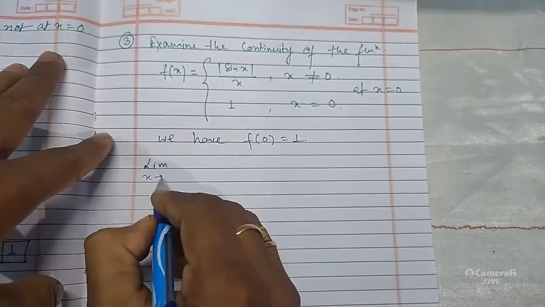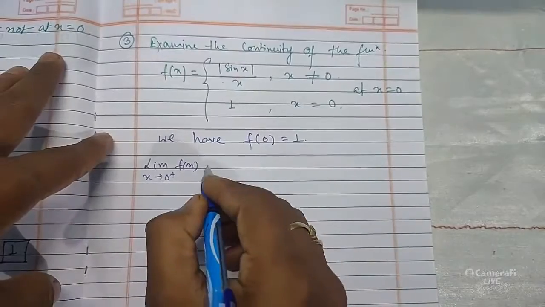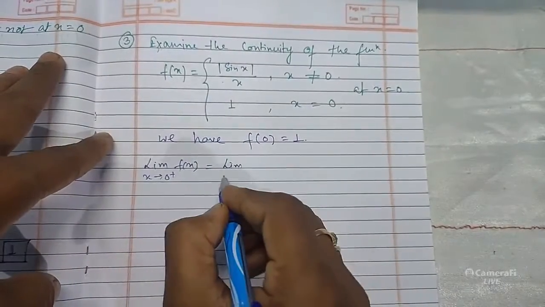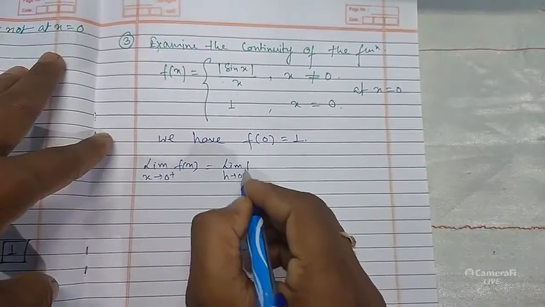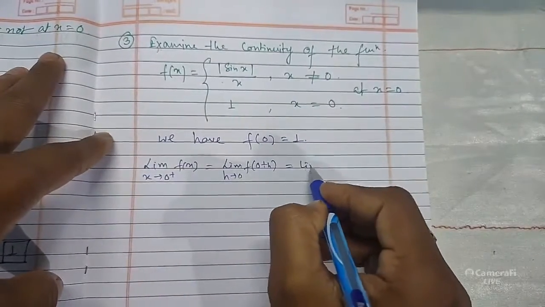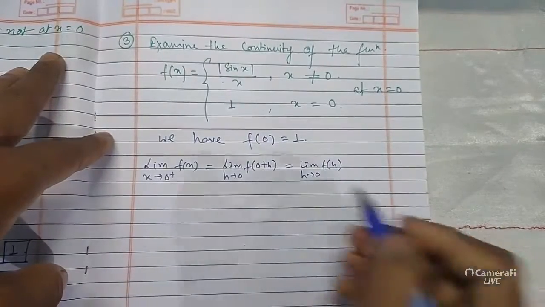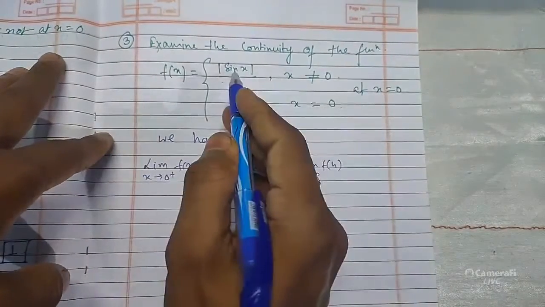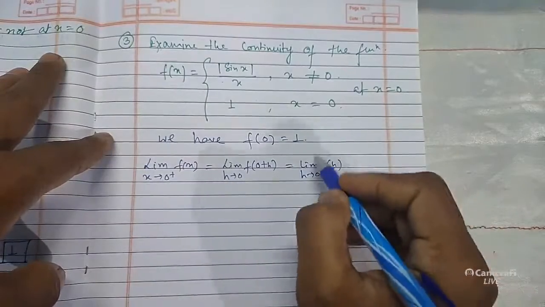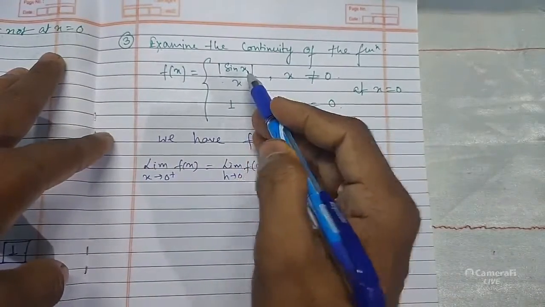Limit x tends to 0 plus f(x), this we have to find. So this is equal to limit h tends to 0 of f(0 plus h), that is limit h tends to 0 of f(h). Now for 0 plus this value, what will be the value of f(h)? In the place of x, I have to write h.